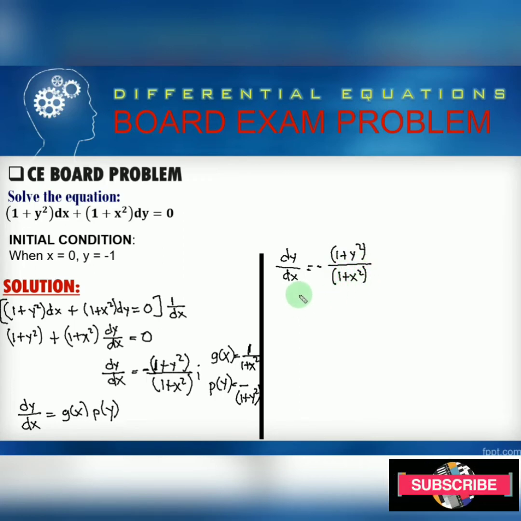So we will combine those having the same variables. So in this case, in terms of your dy, we have here dy over 1 plus y squared. Okay, 1 plus y squared.